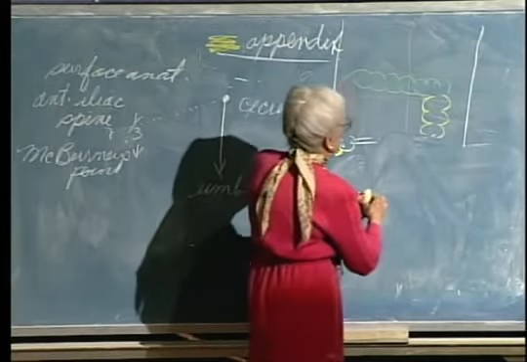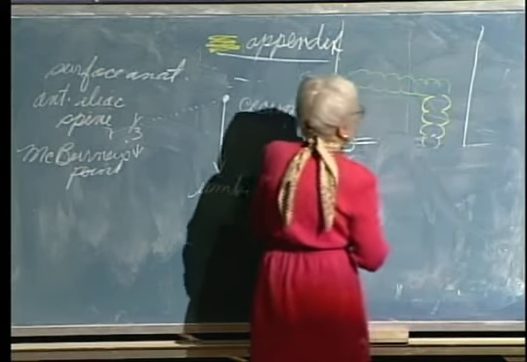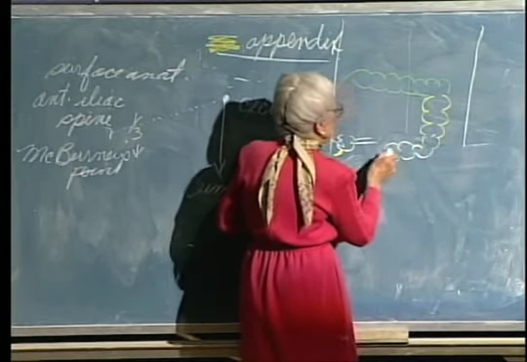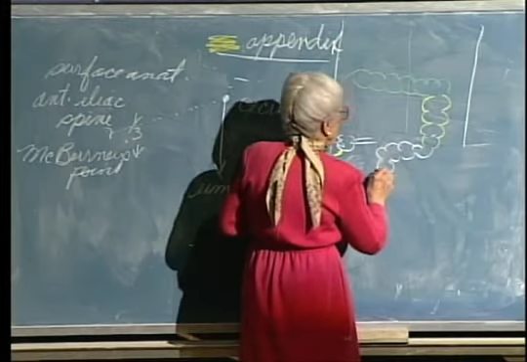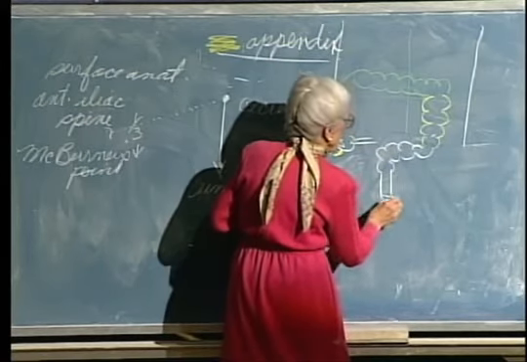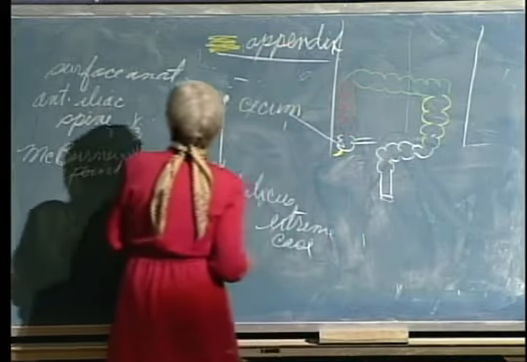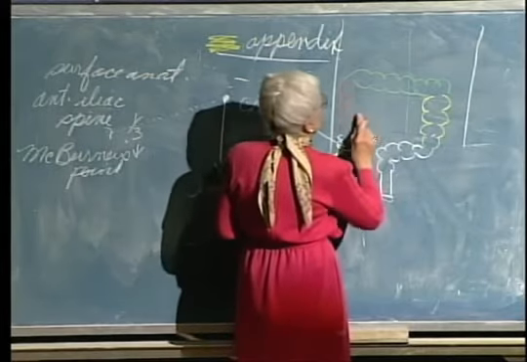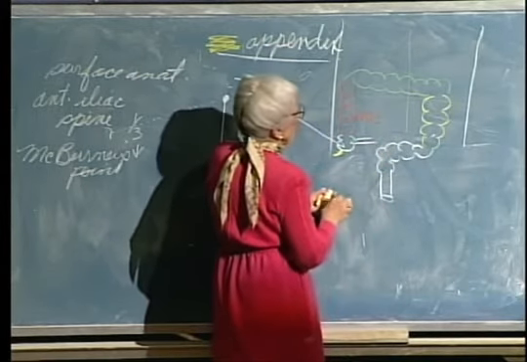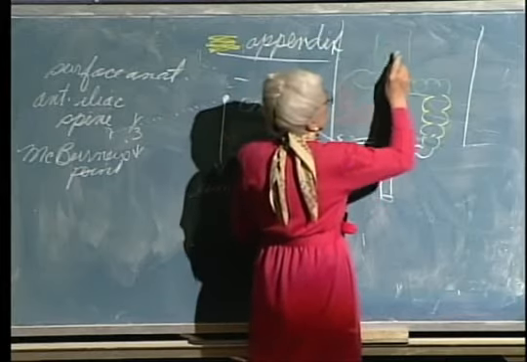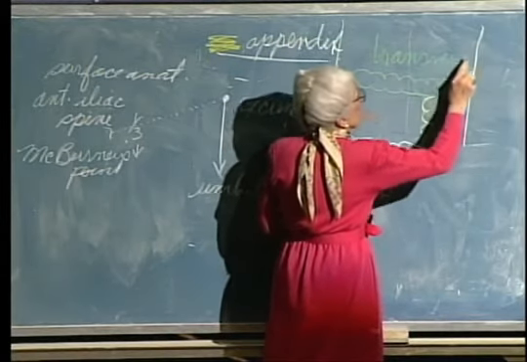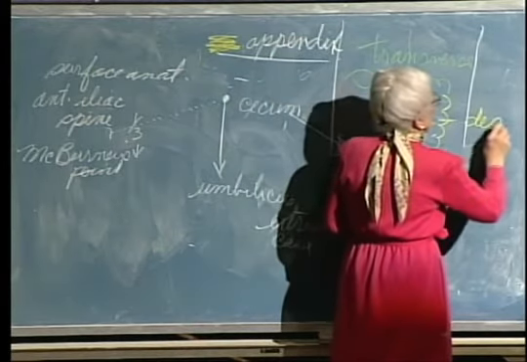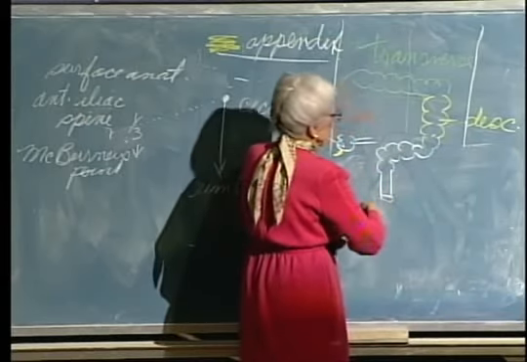And when it gets down to about the crest of the ilium, it will turn over and become sigmoid. To the midline, it's got to reach the midline, and then go into the rectum and into the anus. So we have ascending, transverse, descending, and sigmoid.